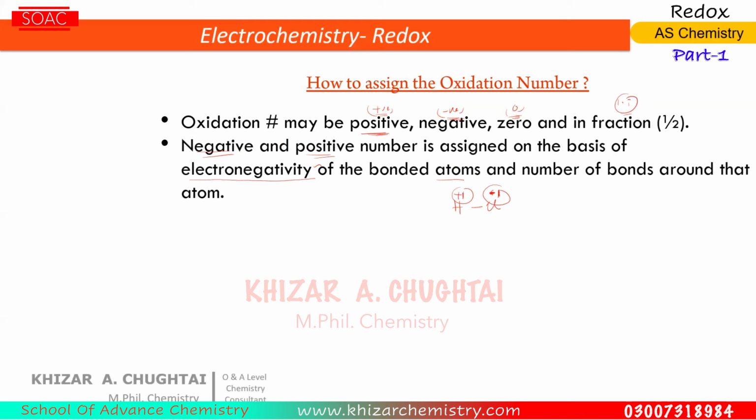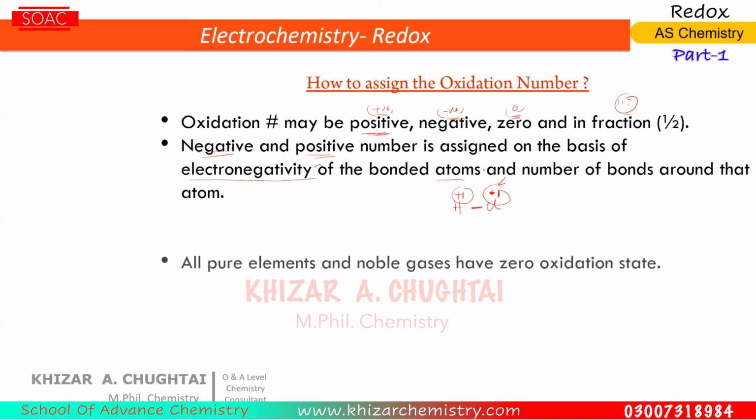The power of an atom to attract the shared pair of electrons is said to be electronegativity. So Cl is more electronegative, so its number will be negative. It may be -2, -3, roughly speaking, but the negative number indicates the more electronegative nature.